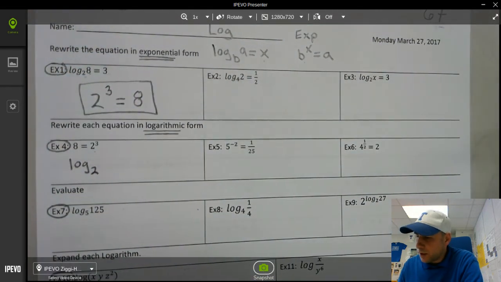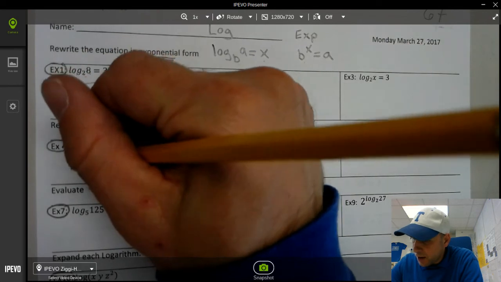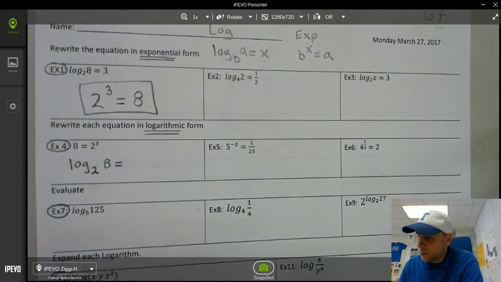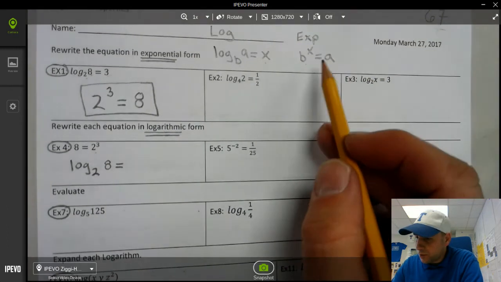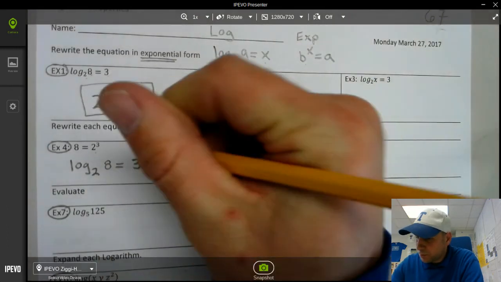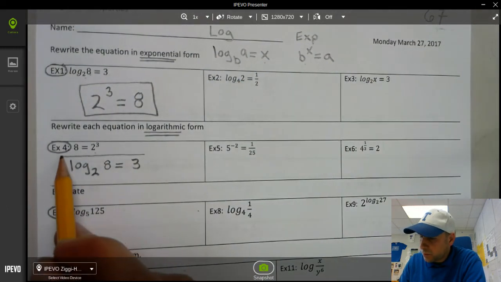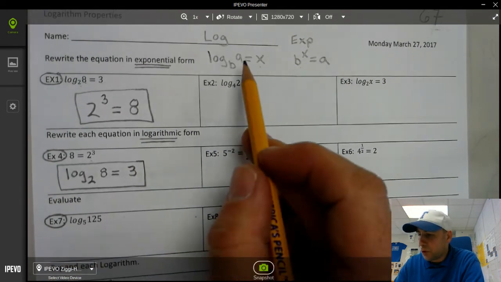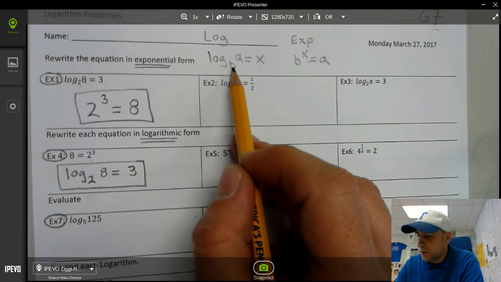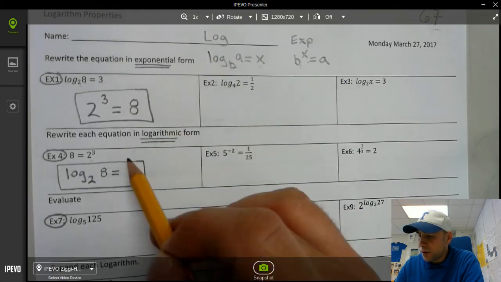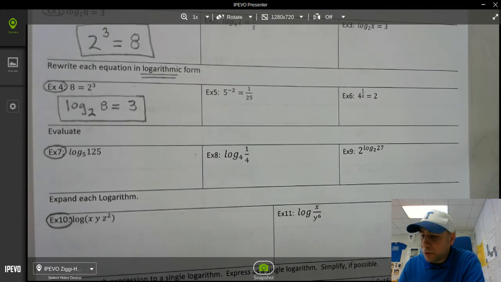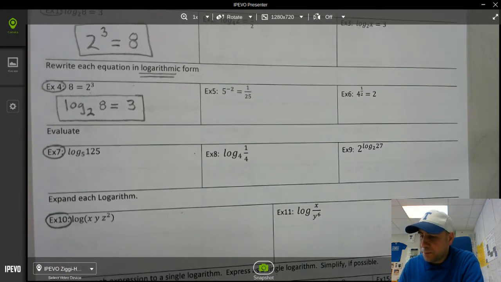Now we're looking for the a value, which is here, so of 8, which equals the x, which is in this position, so that's the 3. So you're just referring to these and understanding where the b is, b's here, and then converting forms. Okay? All right. Now it says evaluate.